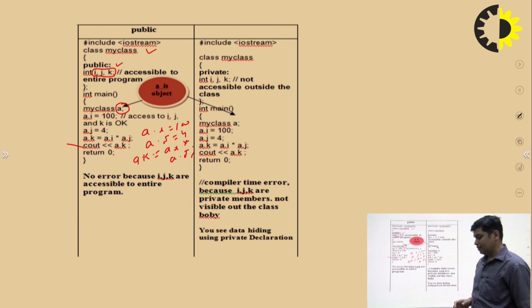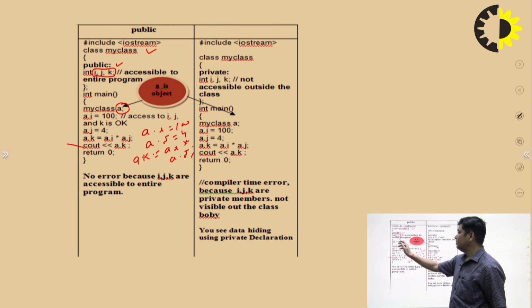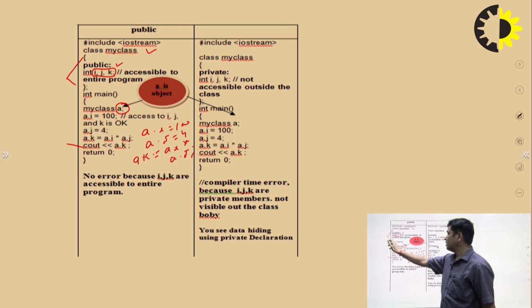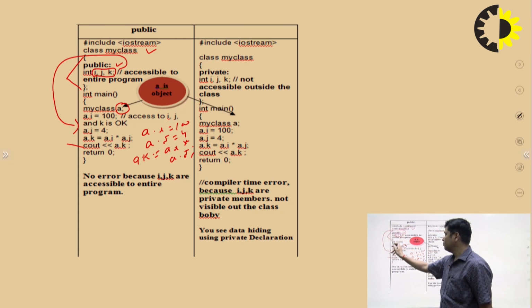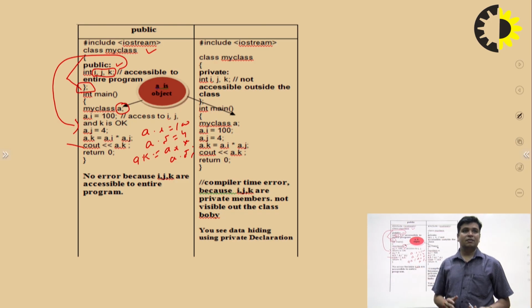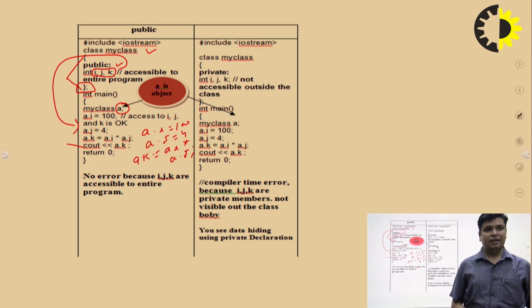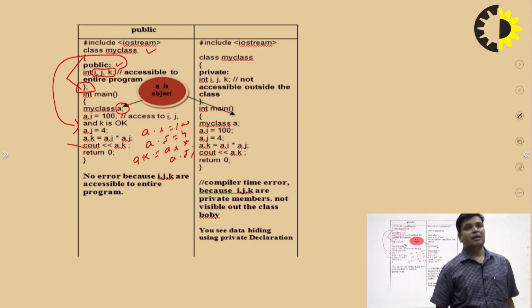You will see here, inside this is the body of the class, and I am going to access this I, J, K outside the class because this body is closed here. How is it possible? Because these I, J and K are public data members.